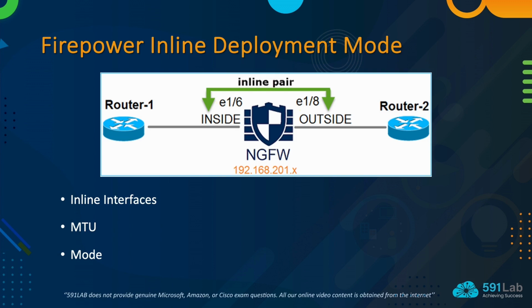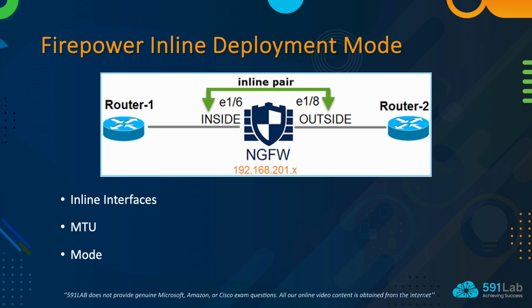These are the physical network ports on the managed device that will be used to pass traffic. When a device is deployed inline, it sits directly in the path of the network traffic. Traffic enters one interface, is inspected by the device, and then exits another interface.